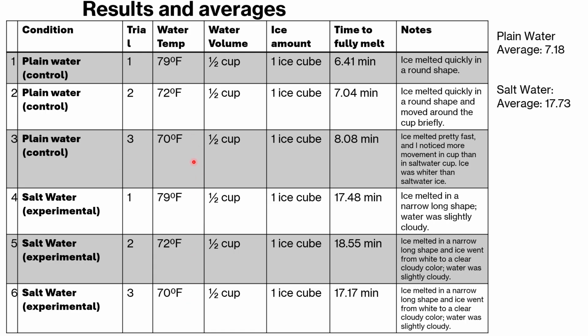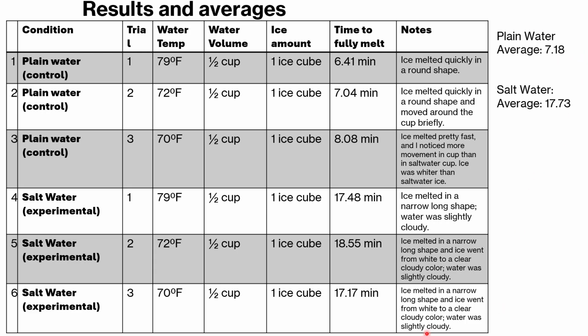Okay, and the melting times for the plain water in the first trial was 6.41 minutes, second trial 7.4 minutes, third trial 8.8 minutes. So that averages out to 7.18 for the plain water.